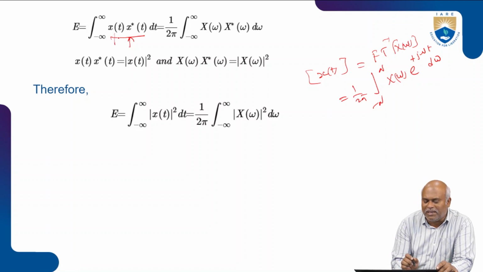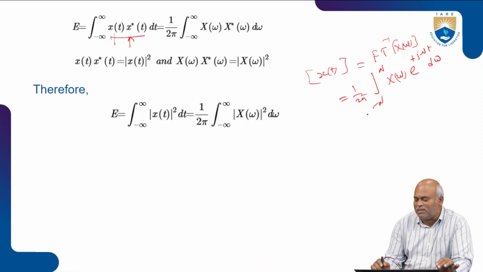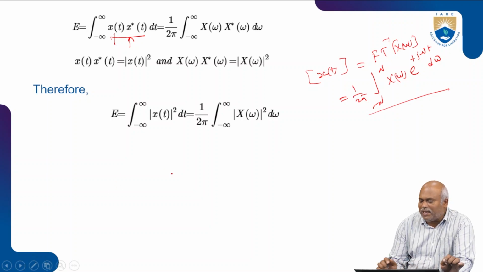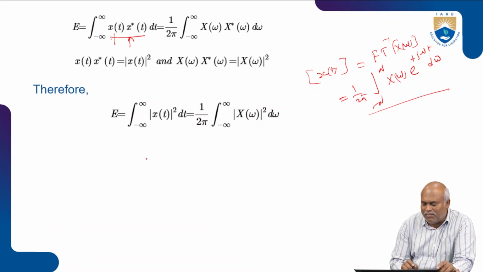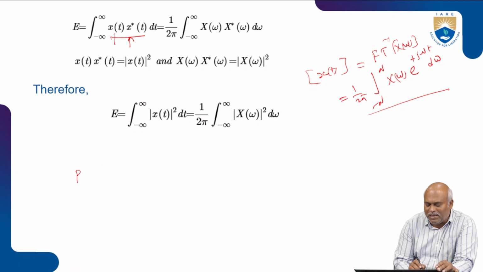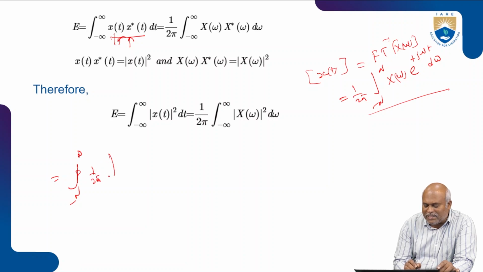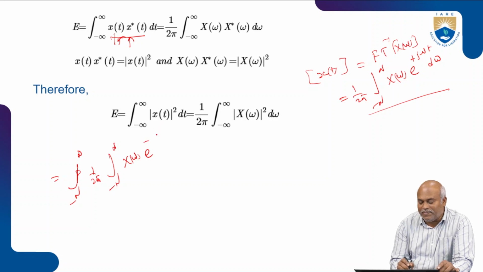Instead of x of t we substitute this value. Then we take the right side portion, the integration of minus infinity to plus infinity as the energy condition. In terms of x of t, I substitute 1 by 2 pi integration of minus infinity to plus infinity x of omega e power of plus j omega t d omega, into x star of t dt, I should write.